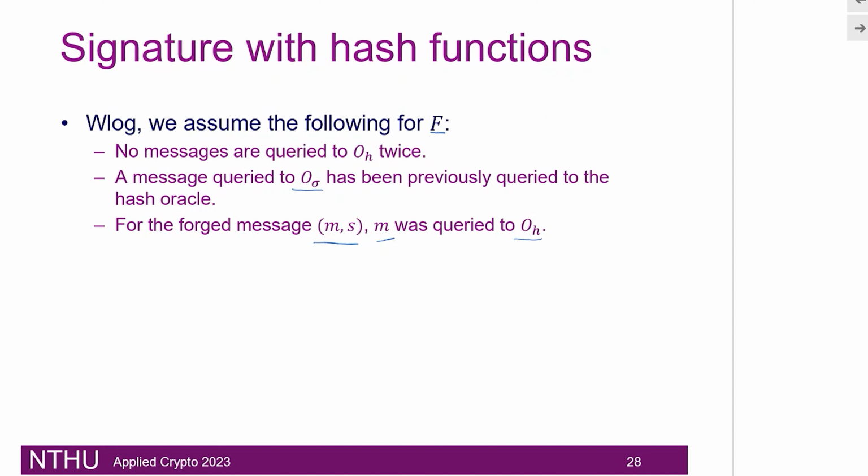So if he didn't query the hash function for that message, then there is a very small probability that he guessed the hash value correctly. That's why it has to be the case that he queried the hash function for that message M before, but probably he didn't query the signing oracle for that message, and that is the case we are fine with.